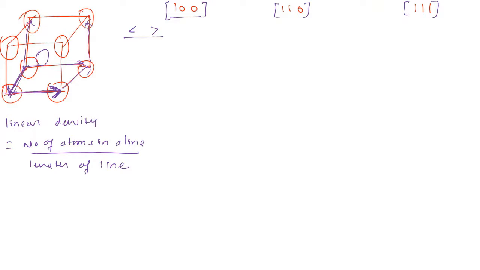So let us take out this 100 direction, and we know it will have two atoms here. Each atom is contributing 1 by 2 to this length.